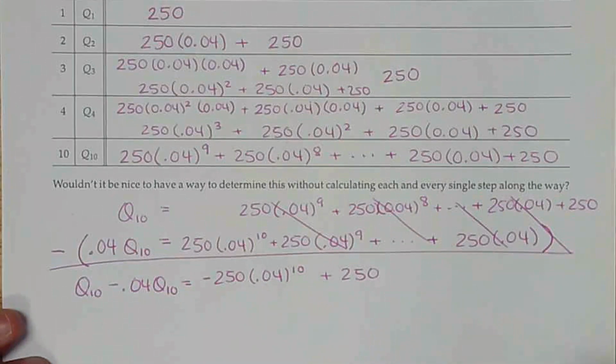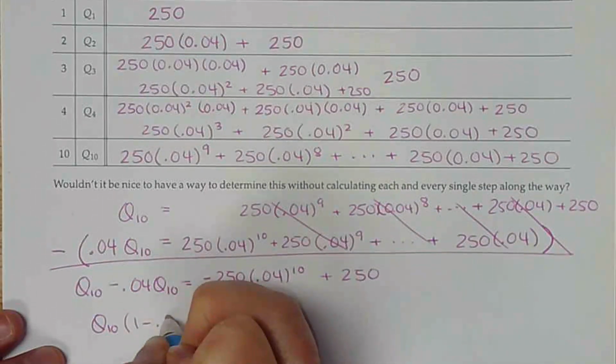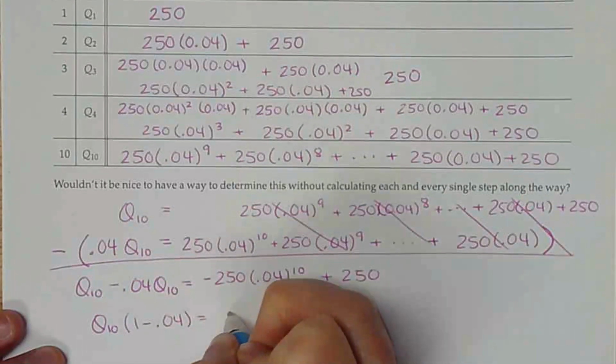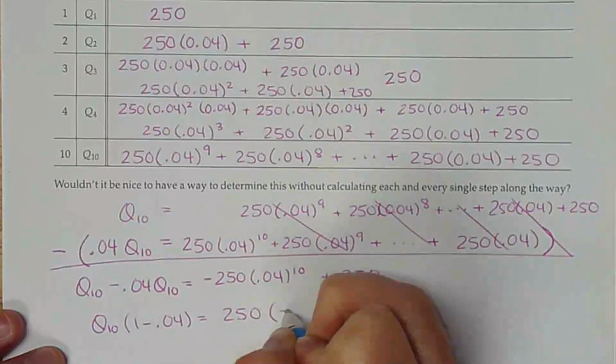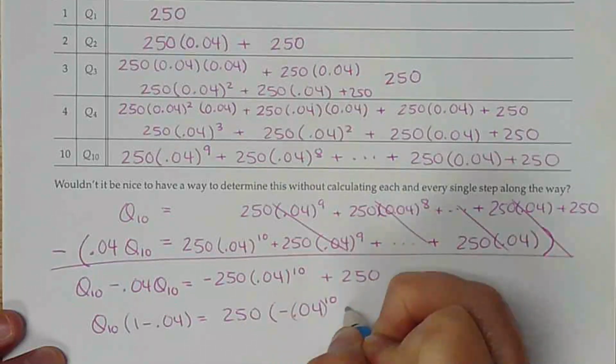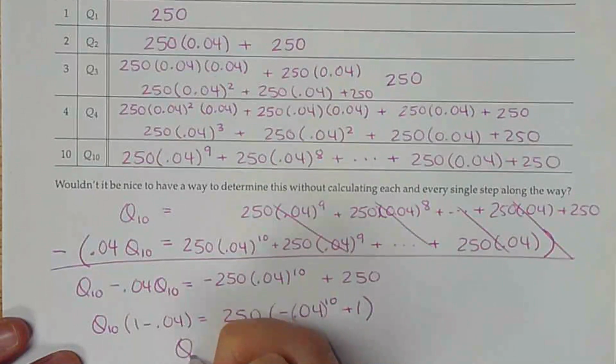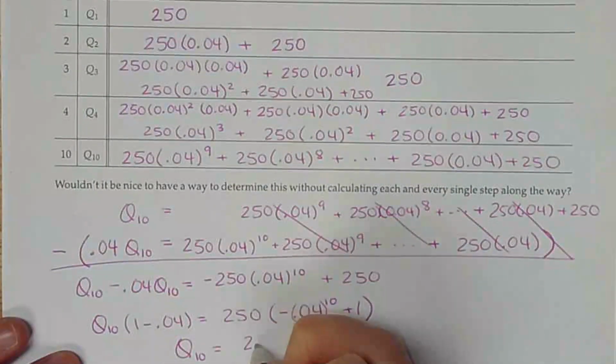I'm going to do a little factoring on each side. So I have Q10 times 1 minus 0.04 equals 250 times negative 0.04 to the 10th, plus 1. If I solve for this, I get Q10 is 250.